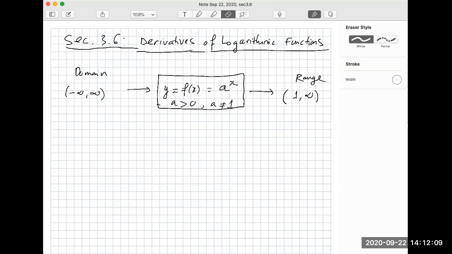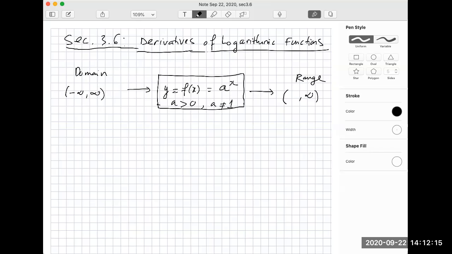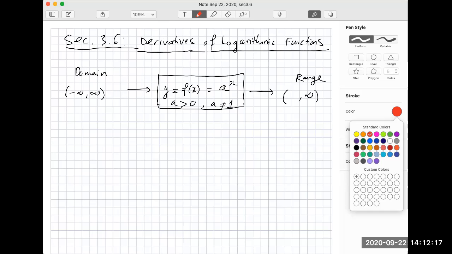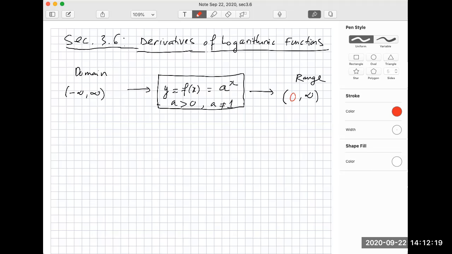So it means that the range will be from 0. Yes. Yeah, so be careful. It is from 0. Very good. So we see that the range of this is from 0 to infinity.